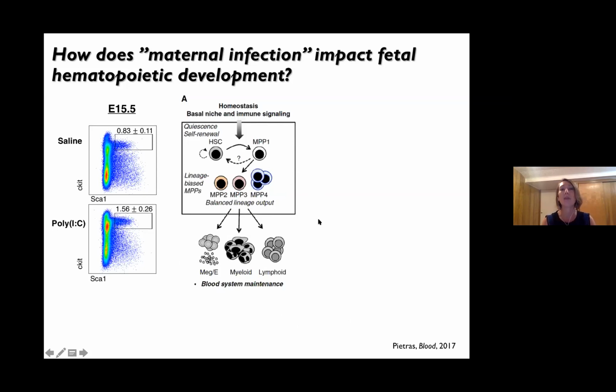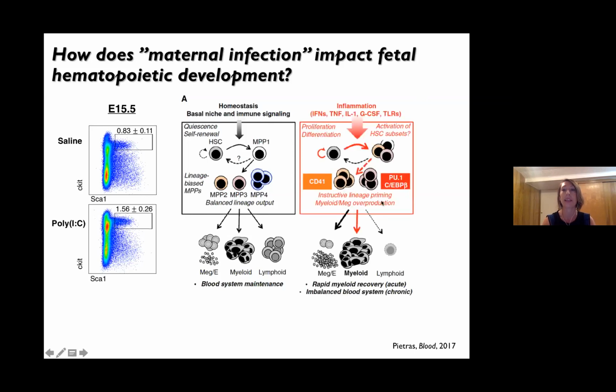Now, there's been a lot of work done recently, within the last 5 years really, on how infection and inflammation shape adult hematopoiesis. And in the adult, what's interesting is that many different kinds of inflammatory stimuli, interferons, TLR agonists, IL-1, all have a very similar outcome, which is to bias the MPP compartment towards myeloid and MegE output.